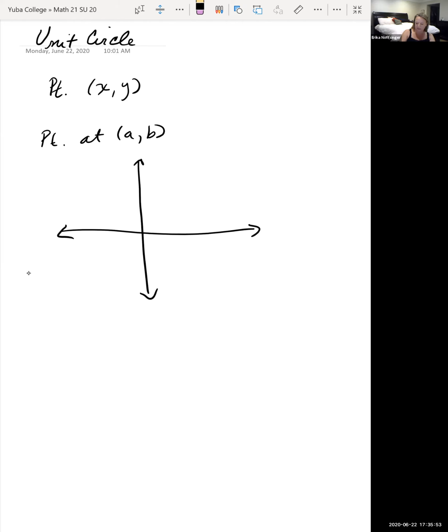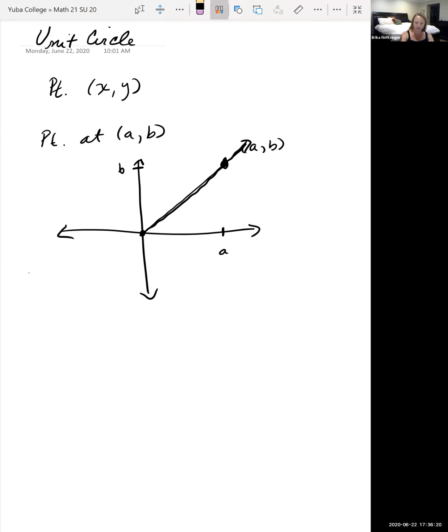Right here is your point AB. And we looked at the ray starting at the origin, going through that point.